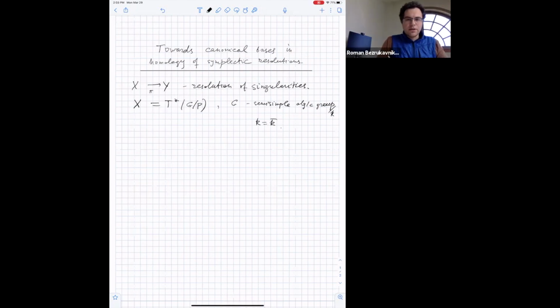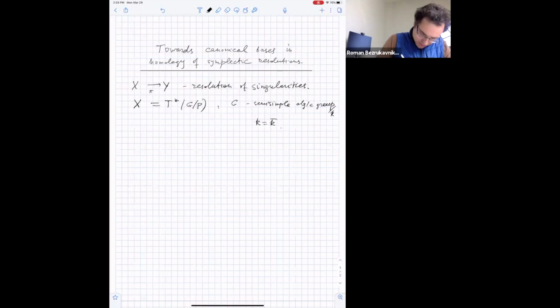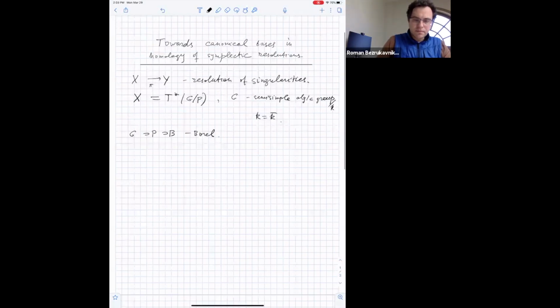For much of the talk, we can assume it has characteristic 0. And then we have G contains P contains B. So P is a parabolic.